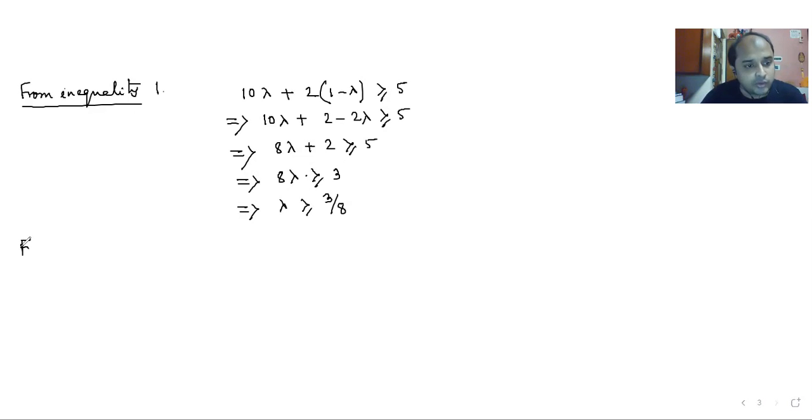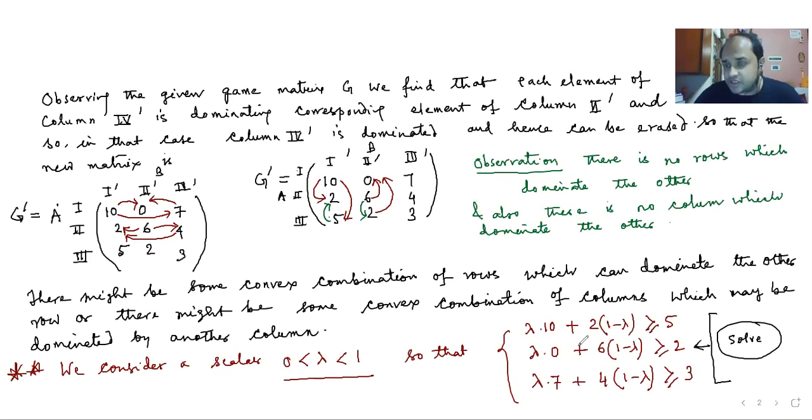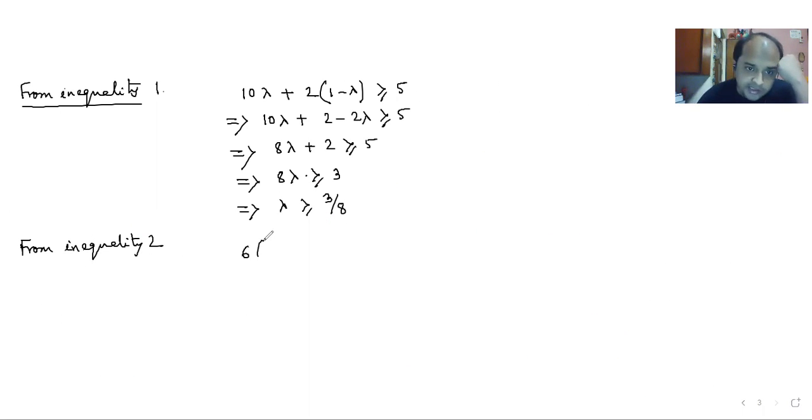From inequality 2, lambda into 0 means 0. So 6 into 1 minus lambda greater than or equal to 2.